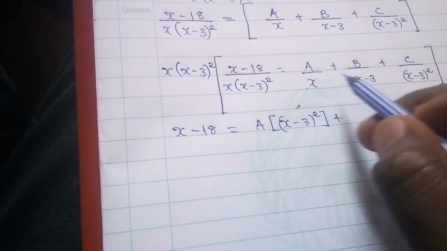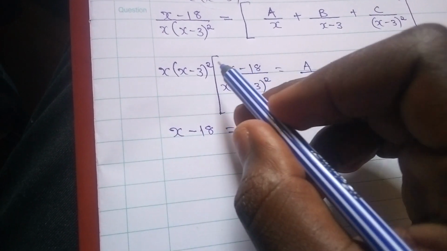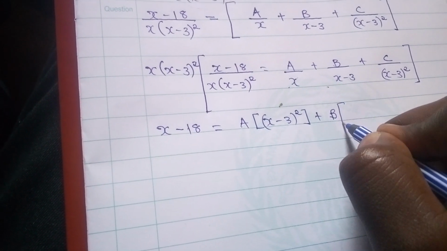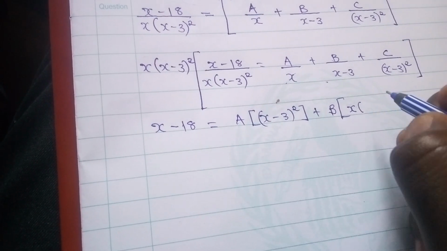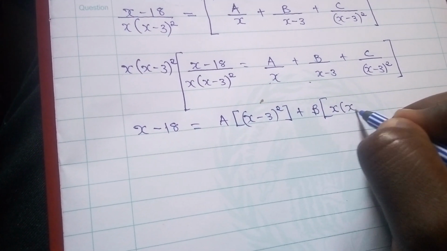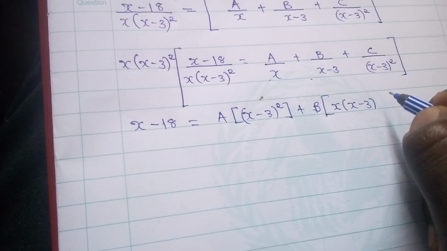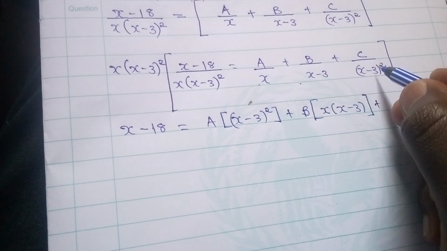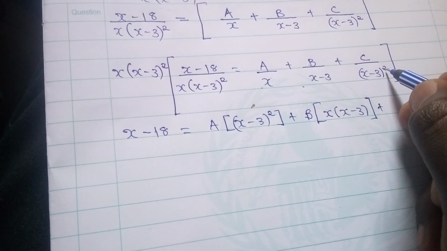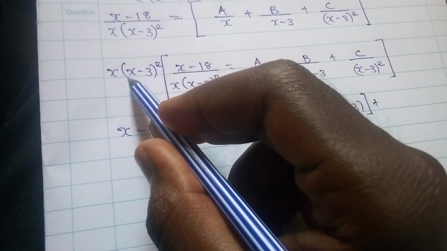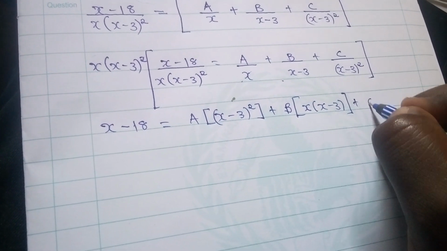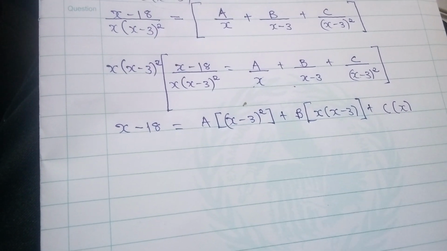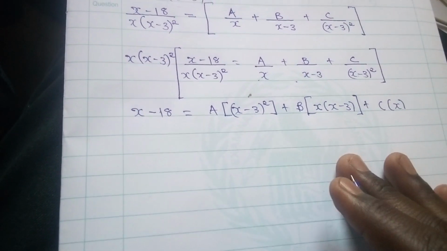You find that this one will cancel with that 2 there, so you are going to multiply B with x(x minus 3), like that. Plus, this (x minus 3) square is going to cancel with that one, we are going to multiply C with x.